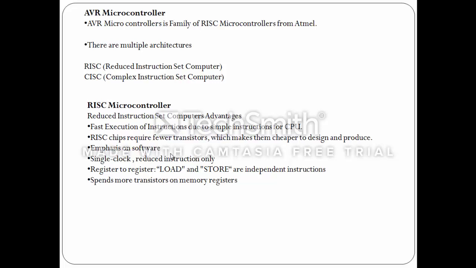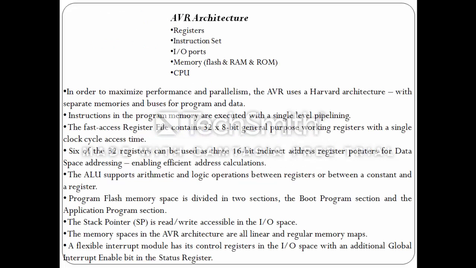In order to maximize performance and parallelism, the AVR uses a Harvard architecture with separate memories and buses for program and data. Instructions in the program memory are executed with a single-level pipelining. While one instruction is being executed, the next instruction is prefetched from the program memory. This concept enables an instruction to be executed in every clock cycle.